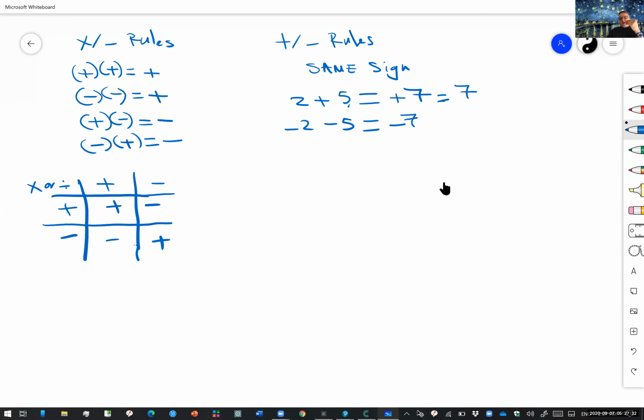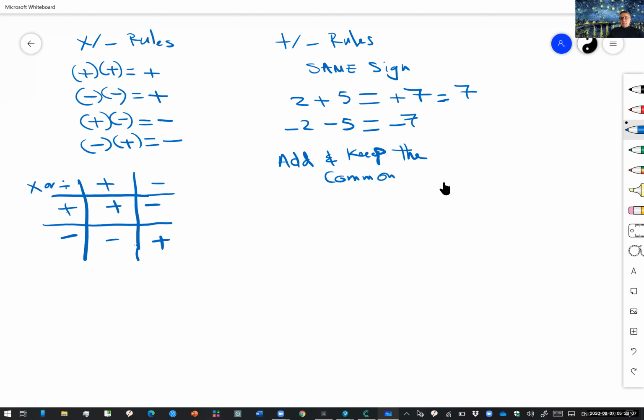You deposit $5, so you're obviously going to have what? $7 now. What if your bank account was $2 overdrawn and then you wrote a check for $5 too? Obviously, it's going to become even more negative, right? So that's why you get -7. So to combine two numbers that have the same sign, you're basically going to add and keep the common sign.